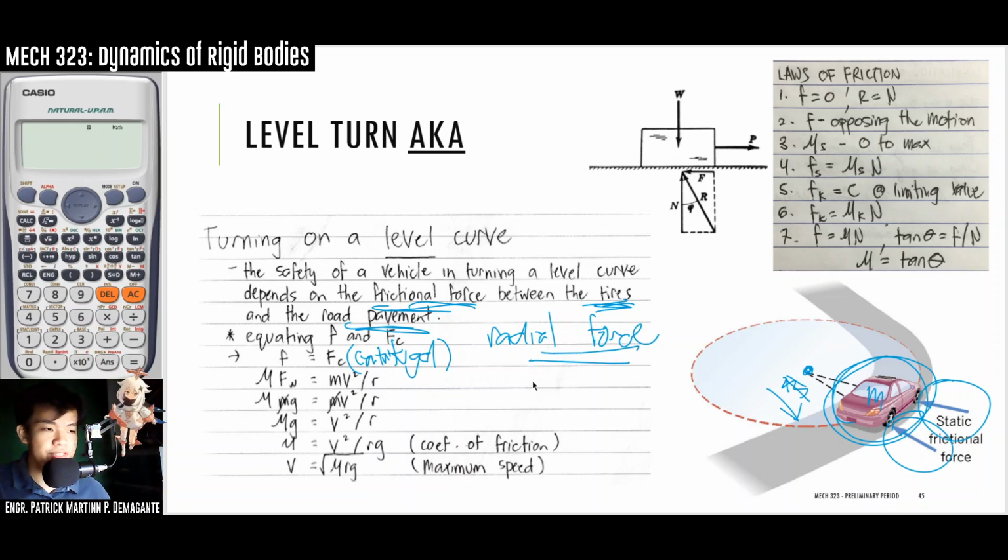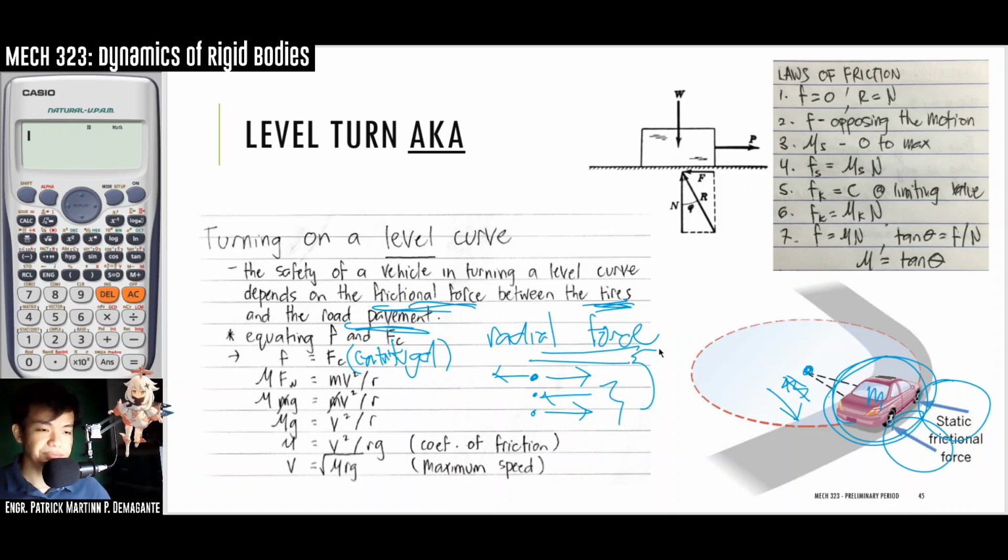Yung radial force, pwede siyang outward or inward. Si centripetal, inward. Si centrifugal, outward naman. So, yung dalawa ay example ng radial force.